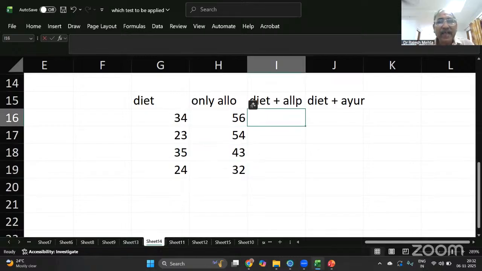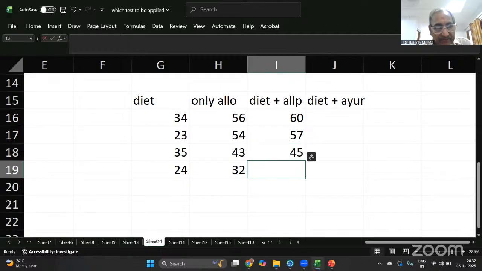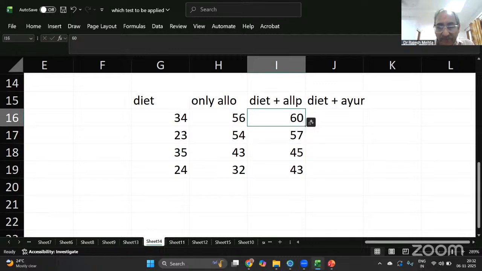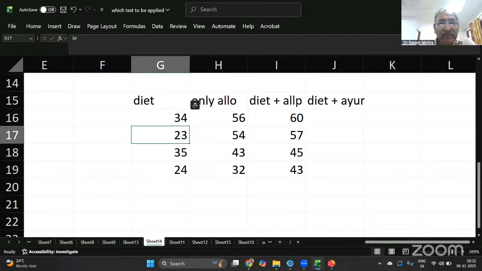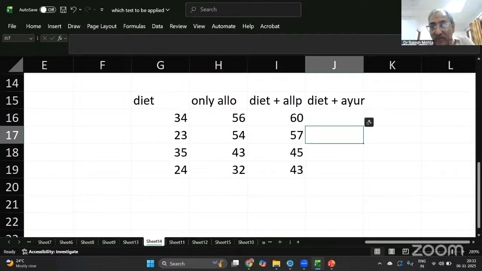But when applied diet plus allopathy, the reduction was 60, 57, and then 45, and then 3 like this. This is a series of patients we are taking. One patient, second patient, third patient, fourth patient, individual patient data, 5th, 6th, 7th, like this. There can be 5 patients also somewhere.